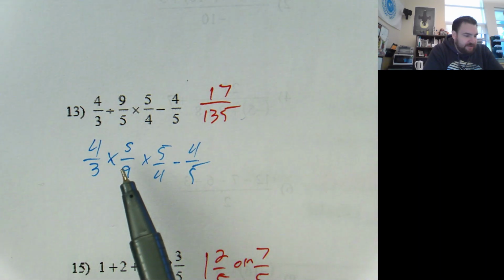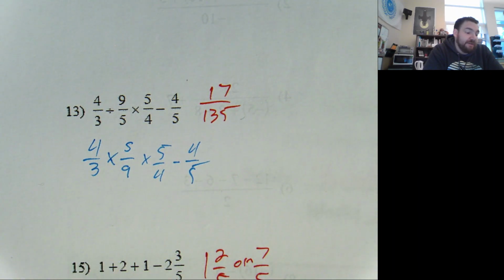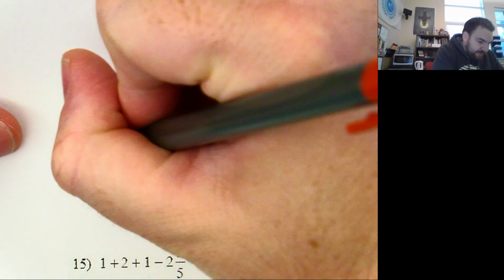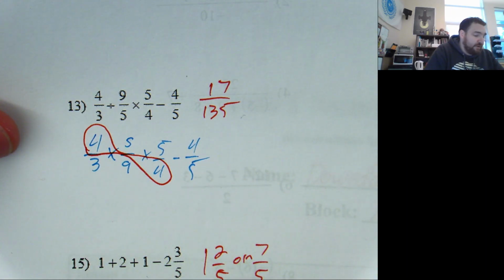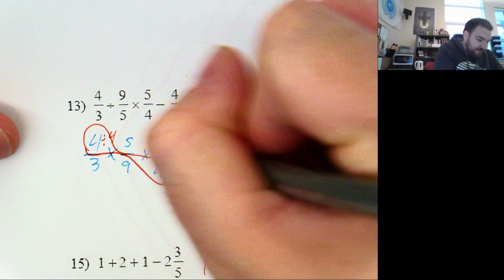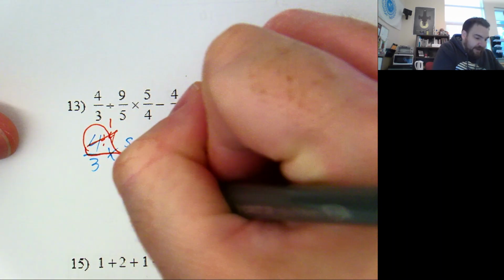Oh, there's a simplification we can make here first. Does anyone see a way to make our life a little easier? Yeah, Hassan. Yeah, remember when we're multiplying, we can cross simplify. Those are both 4. So I can divide them both by 4. Divide by 4, divide by 4, and that's going to give me a 1 and a 1.